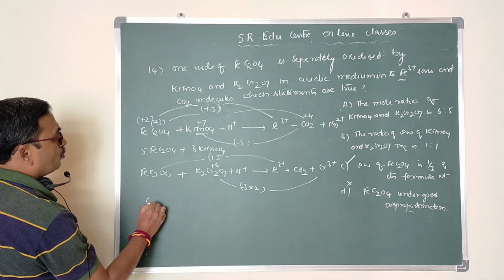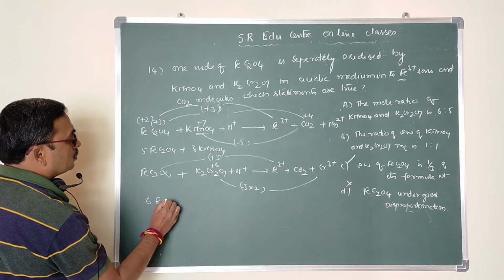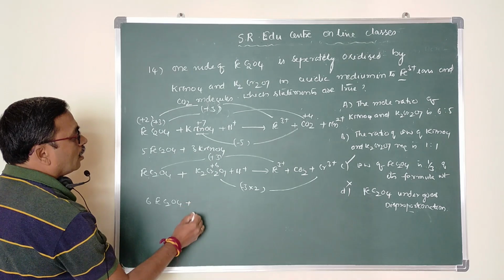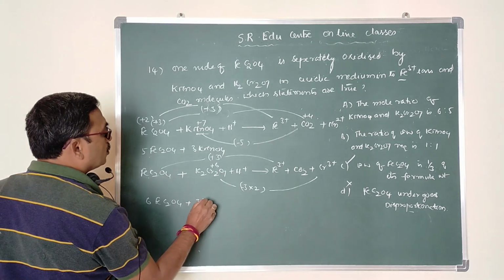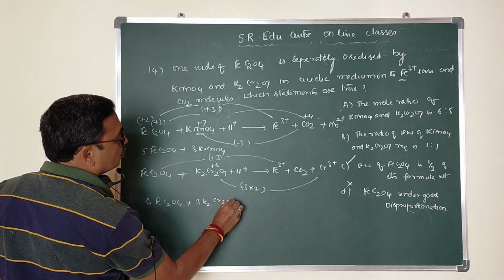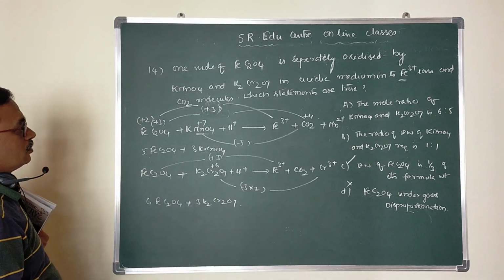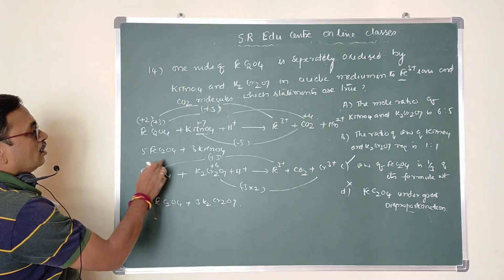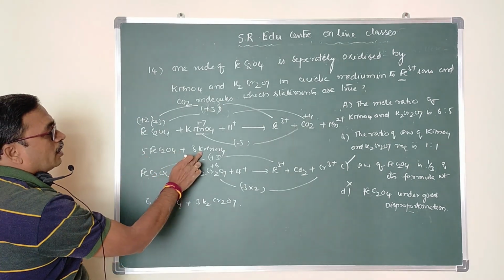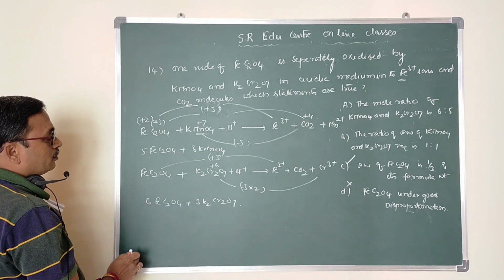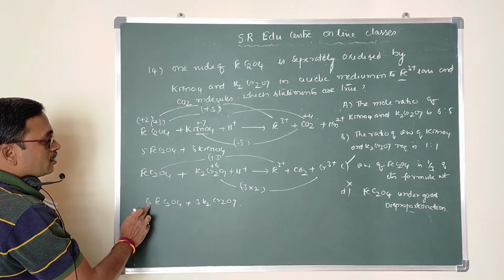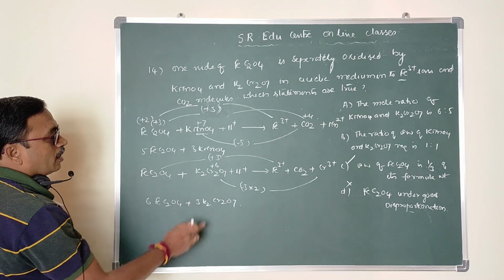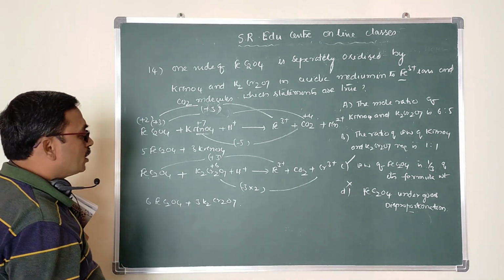So 6 moles of iron oxalate react with 3 moles of K2Cr2O7. So in the first case, 5 moles of iron oxalate react with 3 moles of KMnO4. In the second case, 6 moles of iron oxalate react with 3 moles of potassium dichromate.